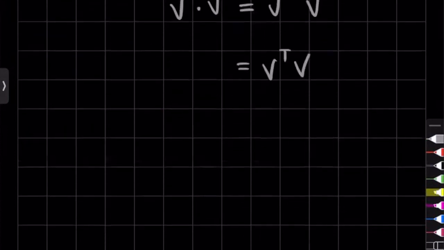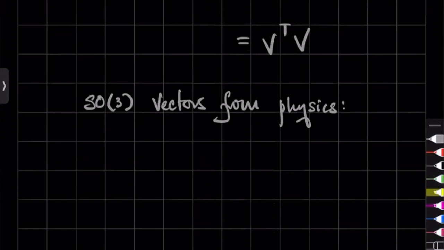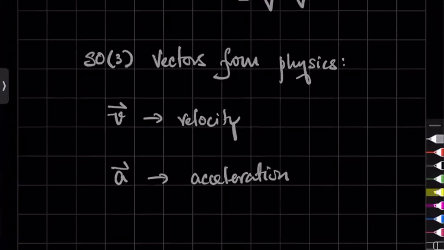So let's look at some SO(3) vectors from physics. So for example, any 3-vector, like say a velocity, right? Or acceleration, they are SO(3) vectors, right?